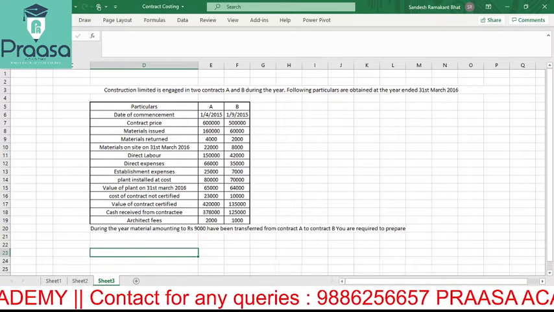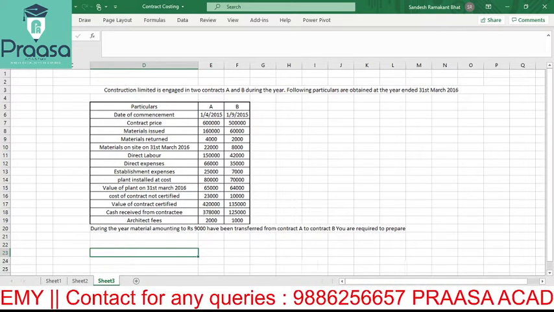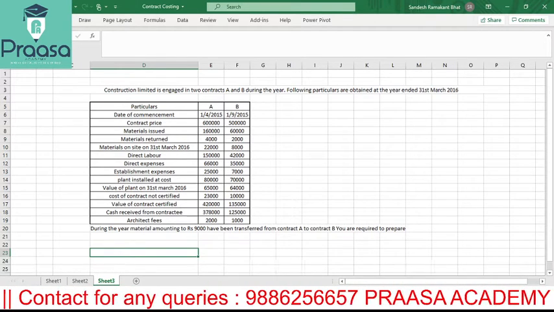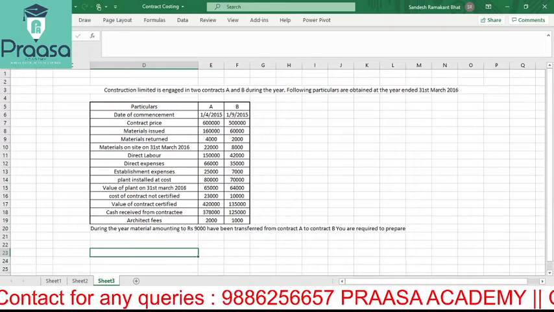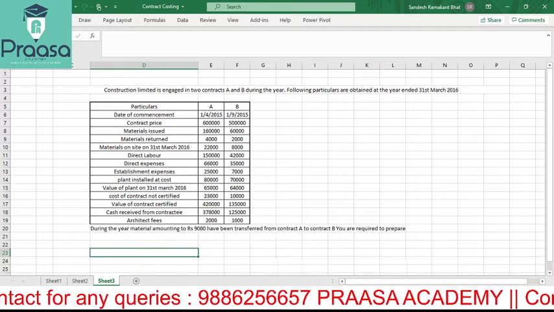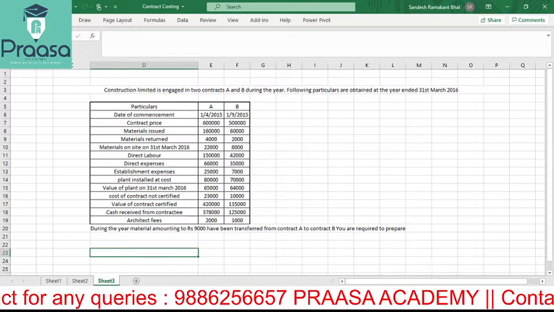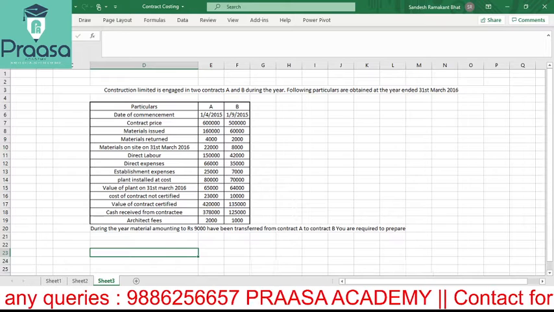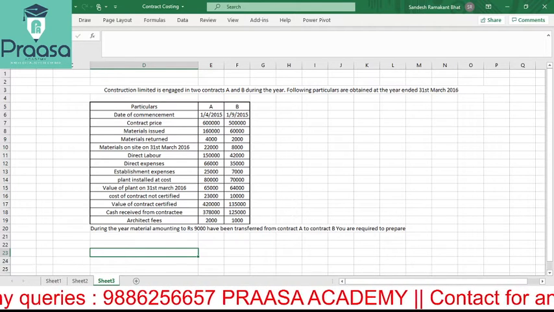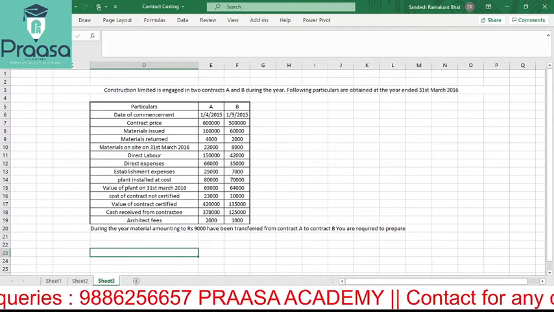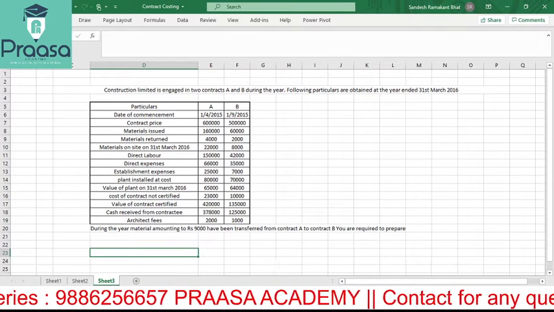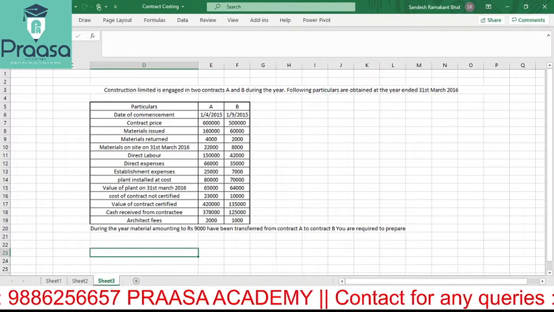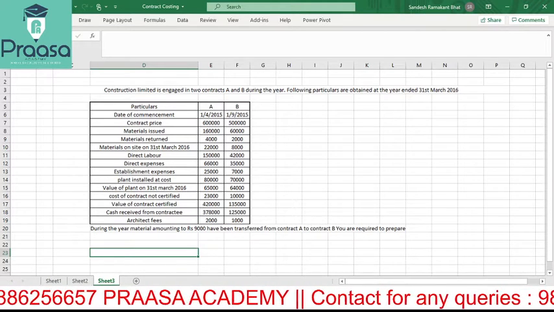They have given the date of commencement, contract price, material issued, material returned, materials on site on 31st March 2016, direct labor, direct expense, establishment expense, plant installed at cost, value of plant on 31st March 2016, cost of contract not certified, value of contract certified, cash received from contractee, and architect fees. So this is very common information which should be there in contract costing questions.